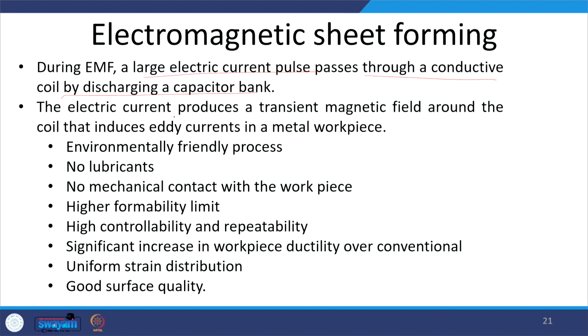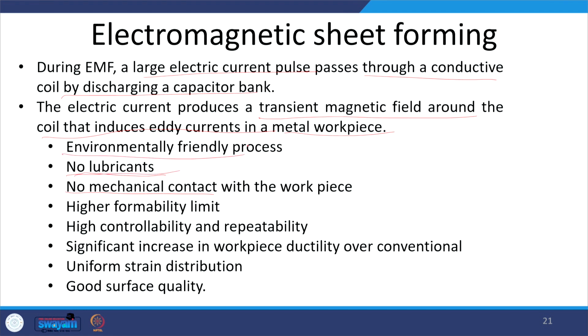Okay. So, the electric current produces the transient electromagnetic or magnetic field around the coil, and induces eddy currents in the sheet metal to facilitate the movement of the sheet metal against the mold for plastic deformation. Since there is no physical contact, no mechanical contact with the workpiece, and no lubrication, the process is environment friendly.